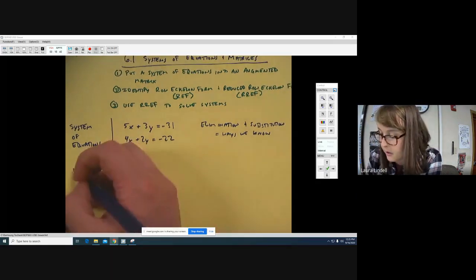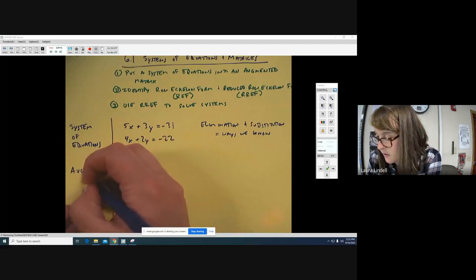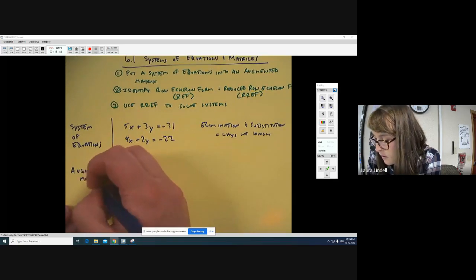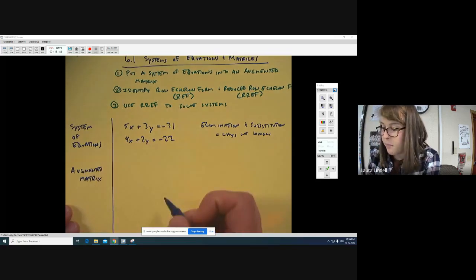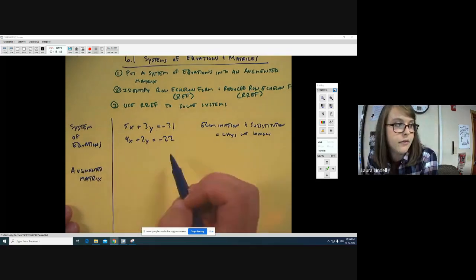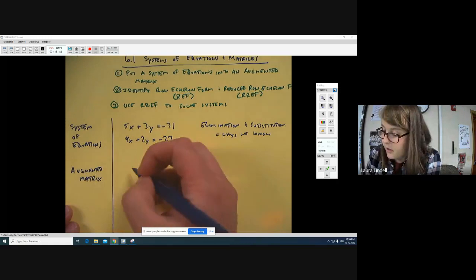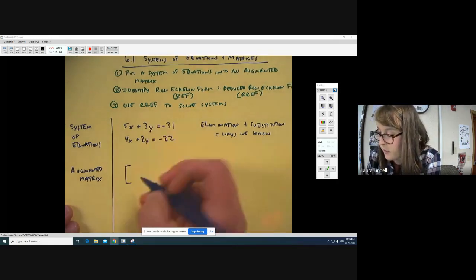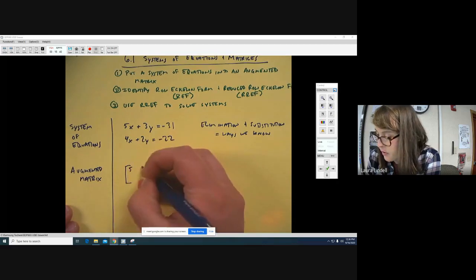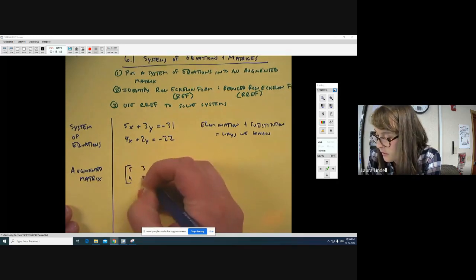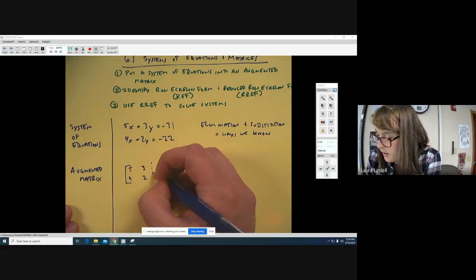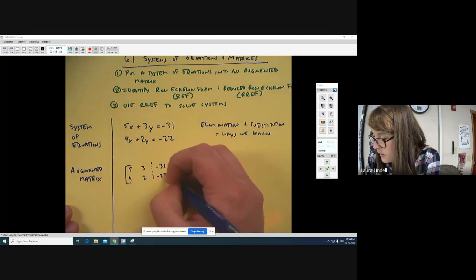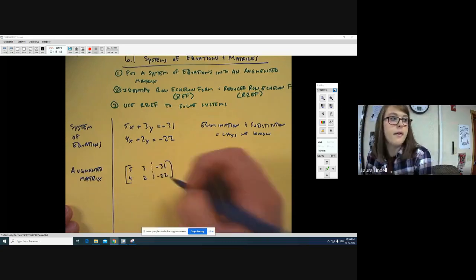And we're going to use something called an augmented matrix. So that's just the matrix that you take all of the coefficients and everything and put it into. So my augmented matrix looks like this for this particular set of equations. We'd get 5, 3, 4, 2. And then it's augmented with -31 and -22. So this is the augmented part.